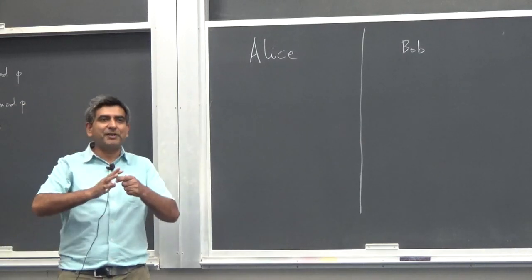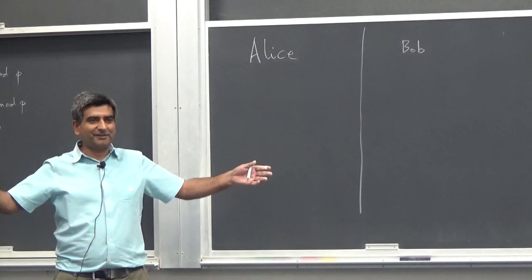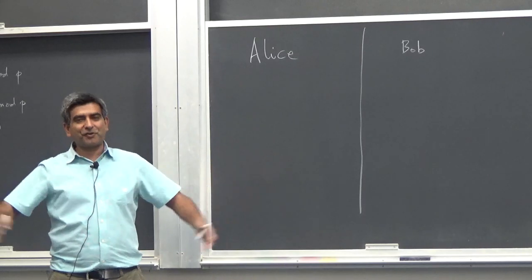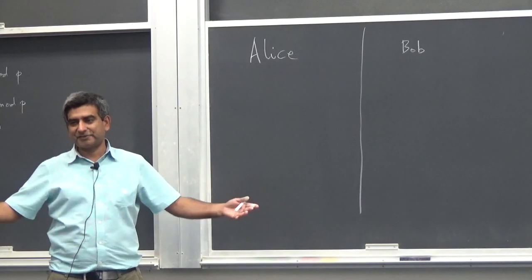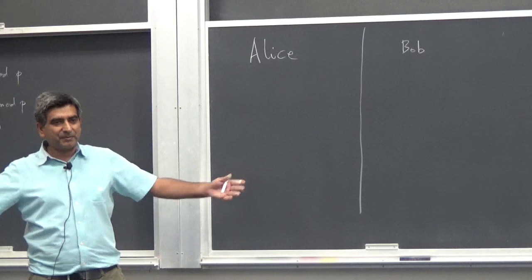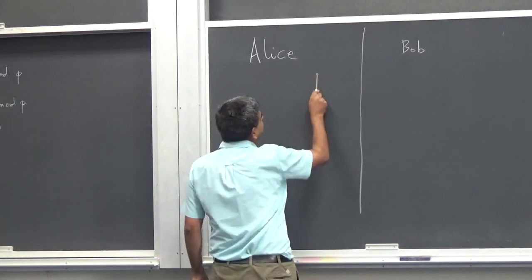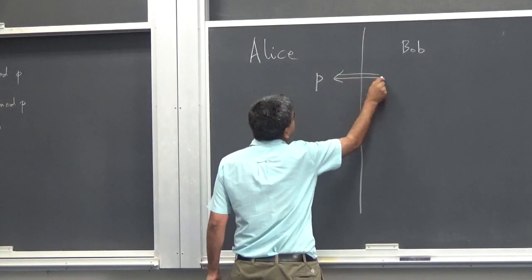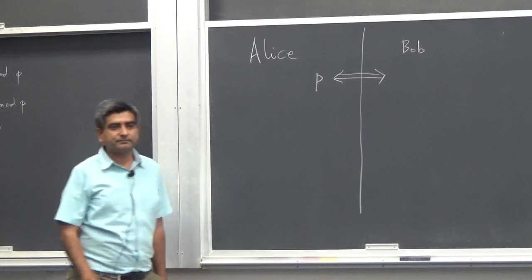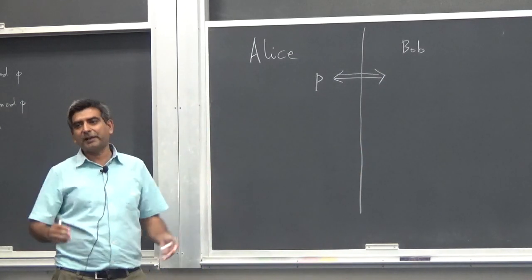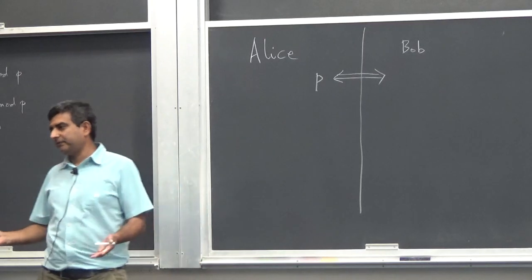And this prime number is really a large prime number, 400 digits long, 500 digits long, 300 digits long. They announce this over the public channel, so it's known to Alice, Bob, and it might also be known to Eve.